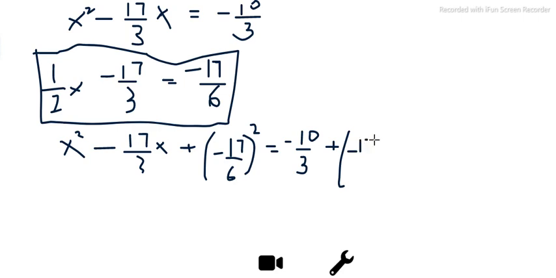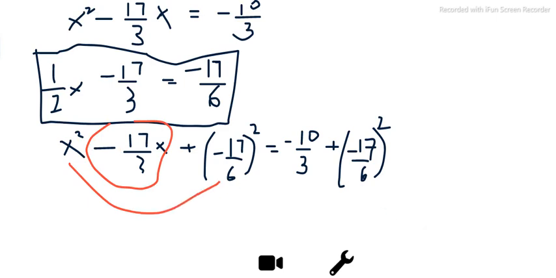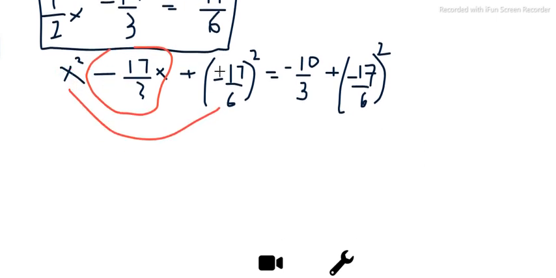Are you with me? Adding it to both sides leaves the equation as the same thing. So I told you that the next thing now is to forget about this middle term, and you only take x and minus 17 over 6. So we are going to have x minus 17 over 6 all squared equals minus 10 over 3.